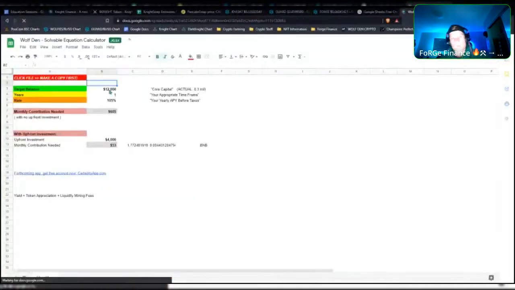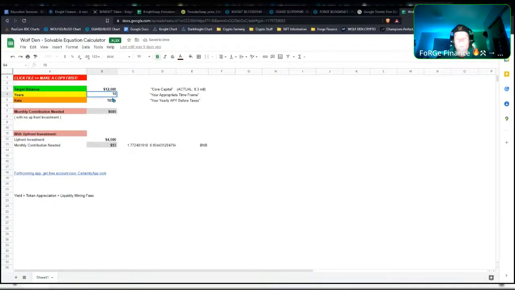So if you have a 10-year timeline and you have a 70%, I'm just going to use the base case method here, and your target balance is $5 million. Let's say you're starting with $10,000.